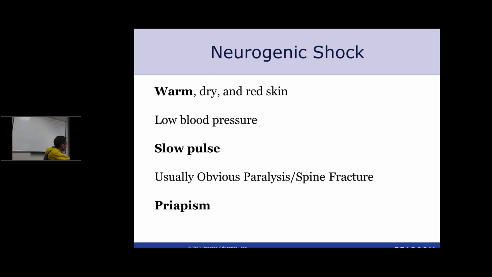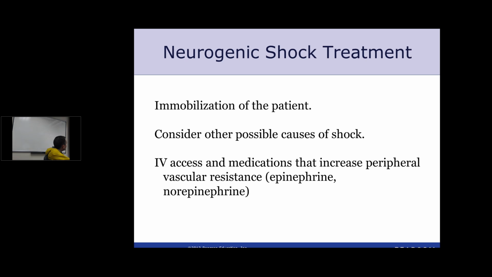Slow pulse, that's that reflex oftentimes. The physical exam findings of paralysis, weakness, whatever. And then the priapism can happen with that. Neurogenic shock, you want to immobilize. Consider other possibilities of shock. A neurogenic shock patient could easily also have a hemorrhagic shock, right?